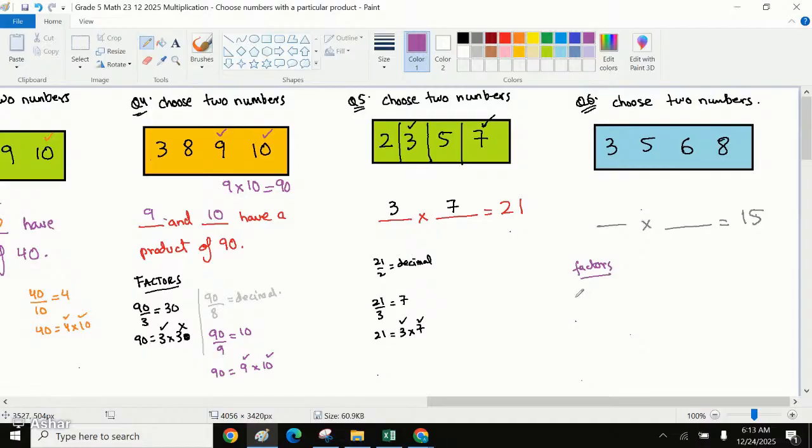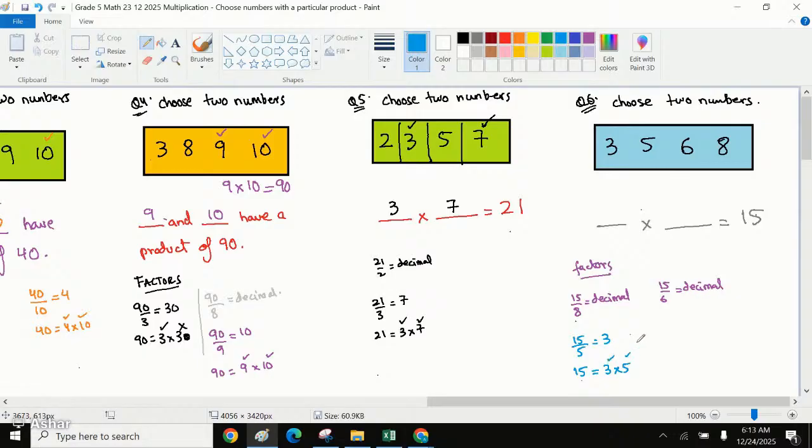So can we say 15 divided by 8? It's not possible, right? It's a decimal number. Can we say 15 divided by 6? It's still a decimal number because 6 multiplied by 2 is 12 and 6 multiplied by 3 is 18. So we don't get a 15. But if we look at 15 divided by 5, that should be equal to 3, right? So can we say 15 is equal to 3 multiplied by 5?